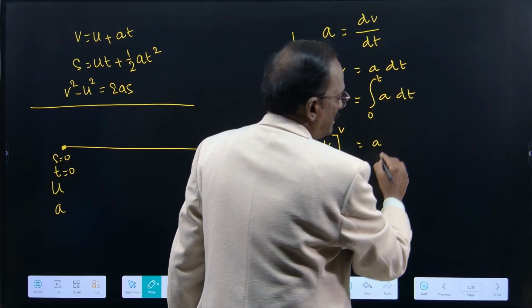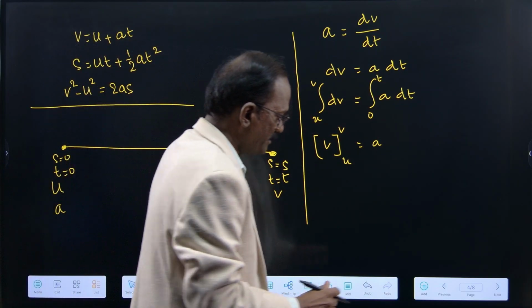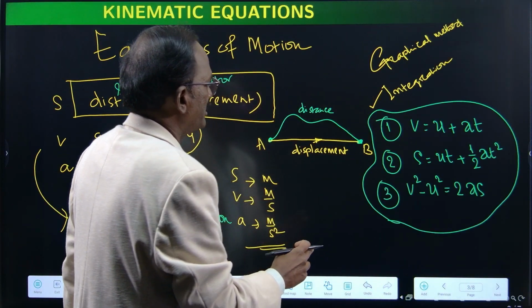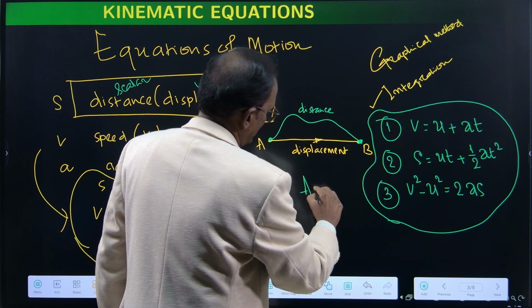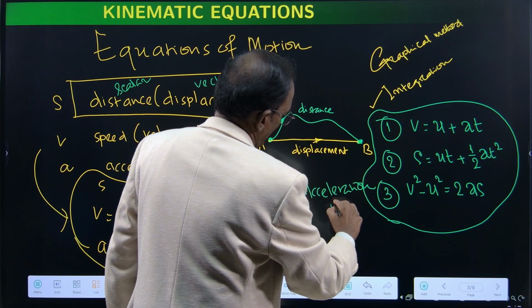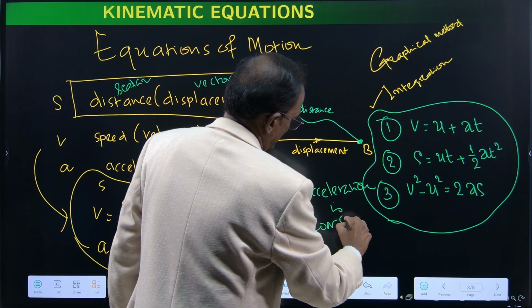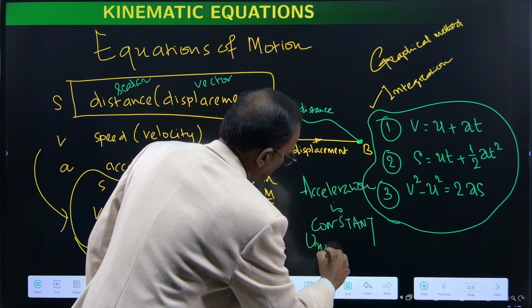So this is a. Please remember, students, these kinematic equations are used when a is constant, when acceleration is constant. This is an important point. Or uniform acceleration.